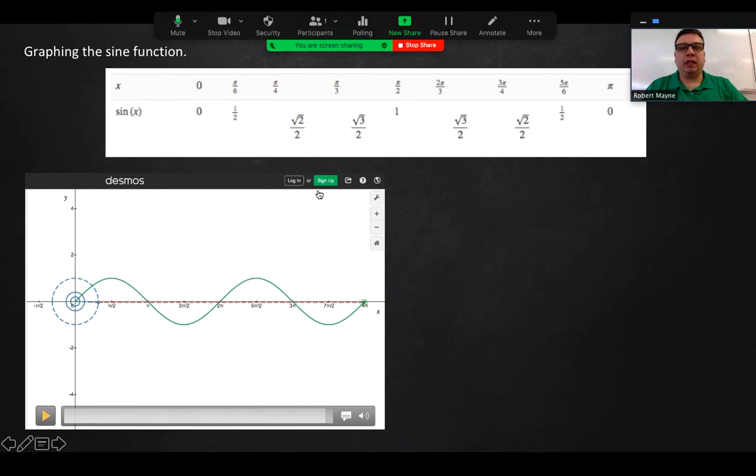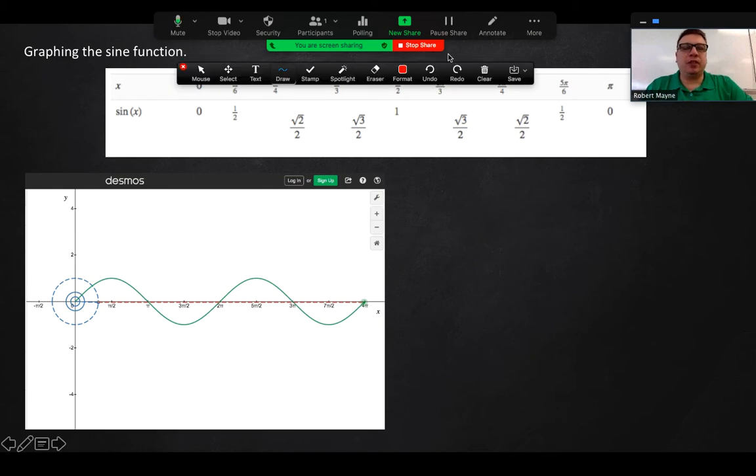Okay, so let's talk about some of the features here. Again, this is the equation y equals sine x, where x is the angle that we've rotated through. Now just to double check a couple things, we know that the sine function will reach its max at 1 when we're at pi over 2.